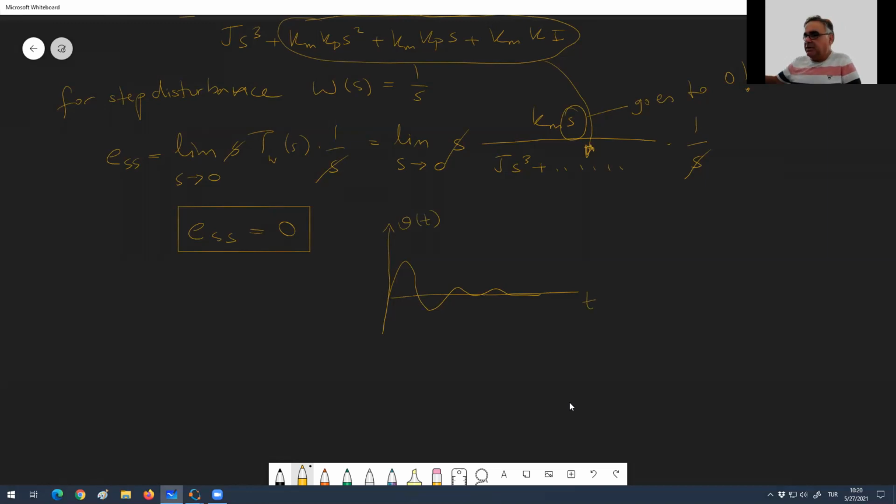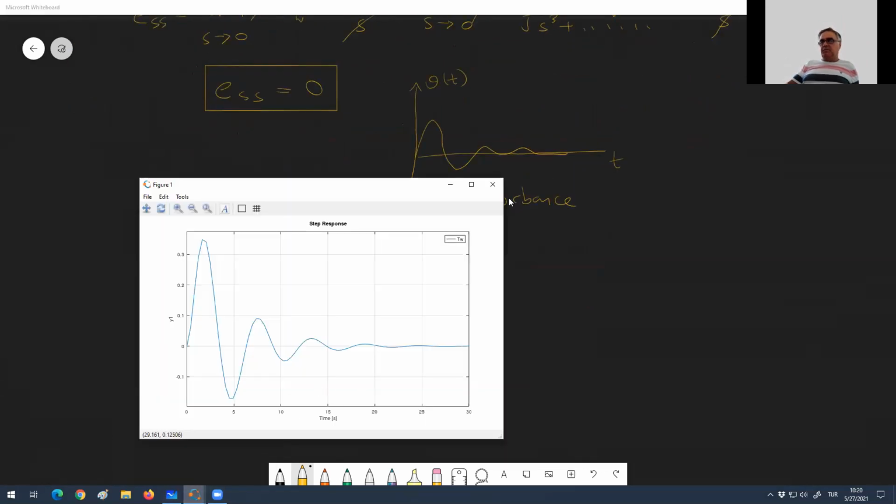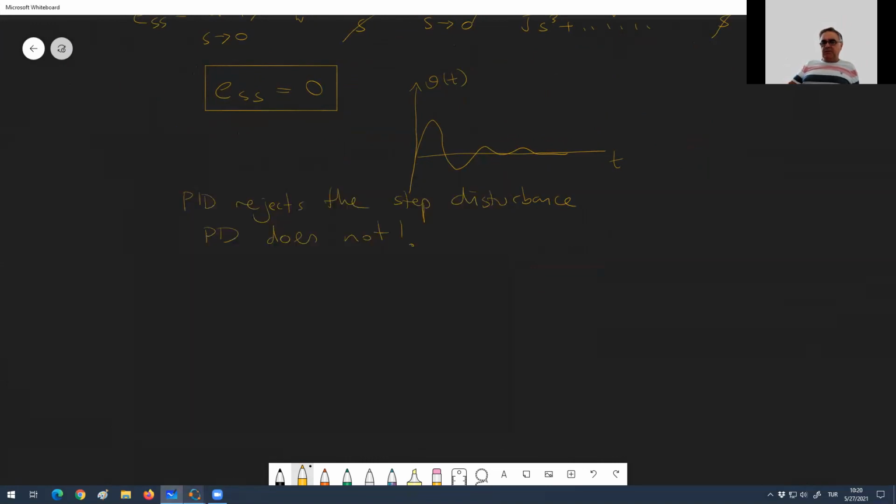So the PID controller rejects the step disturbance, whereas PD doesn't. PD controller does not.